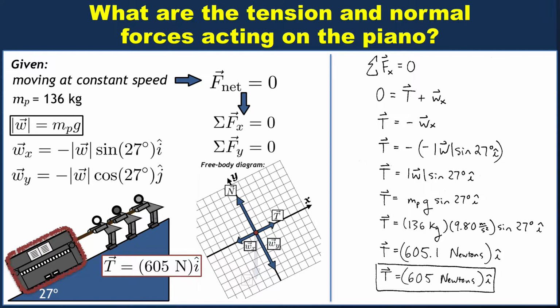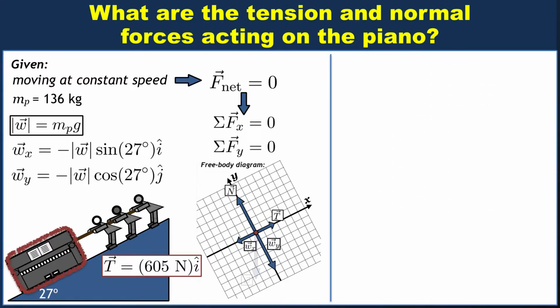Next step is to figure out the normal force acting on the piano. So the normal force is exerted by the ramp on the piano. And we can use the same sort of strategy except now in the y direction. So the sum of all forces in the y direction must be zero. According to the free body diagram, there are only two forces in the y direction, so 0 must be the vector sum of the normal force n plus the weight in the y direction wy.